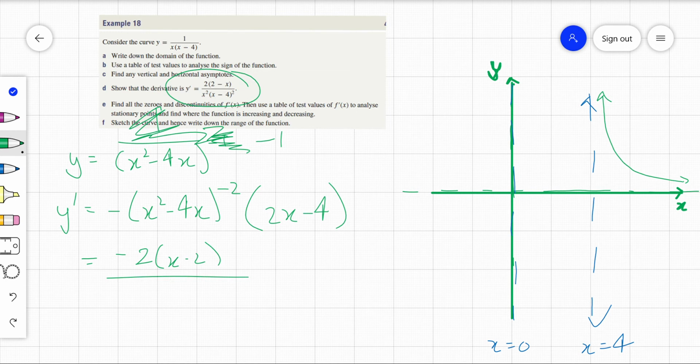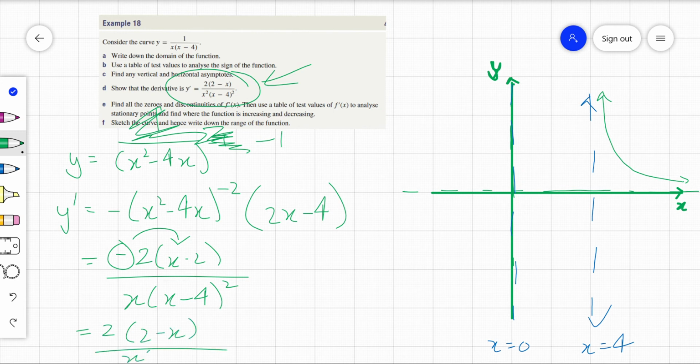And then on the bottom, I've still got that x, if I factorize, I've still got that x minus 4, squared, which looks like this, except we've got a 2 minus x. And of course, if I put that minus into that bracket, it becomes a 2 minus an x there.